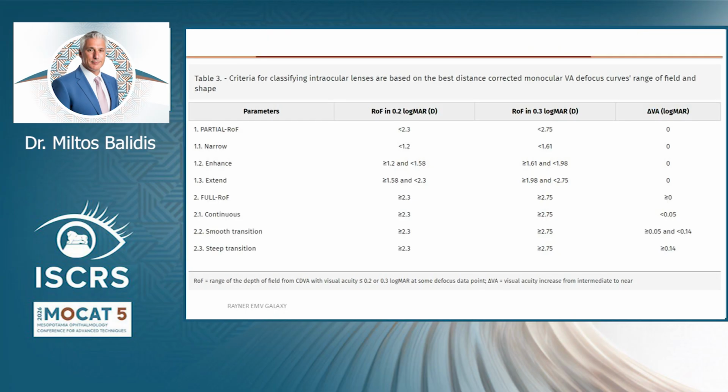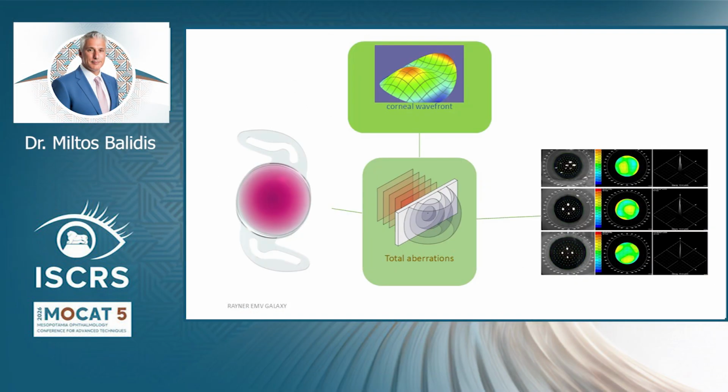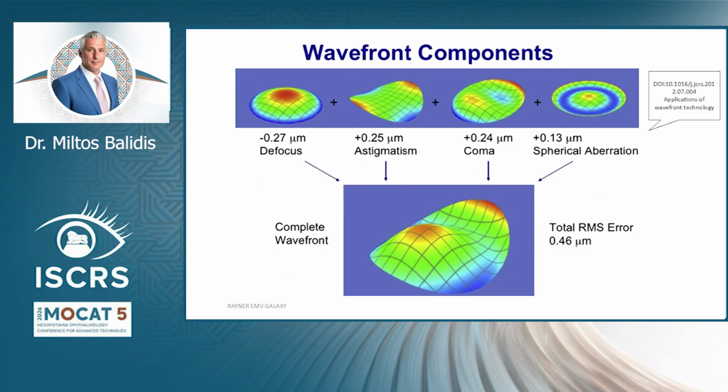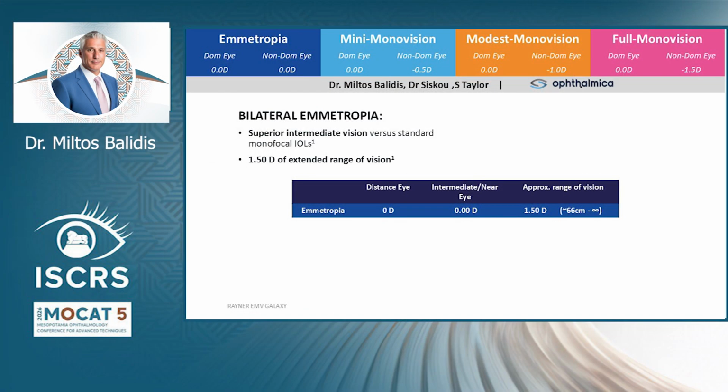Bifocals had one area which is very good for near, one for distance, and not so much in the mid. We have the smooth transition. In this category fall all the IOLs which have the trifocal kind of depth of focus. And the ideal is the smooth continuous range of focus, from distance to near, without any sort of wave in the depth of focus. And these are usually the defocus curves that we have in all these categories.